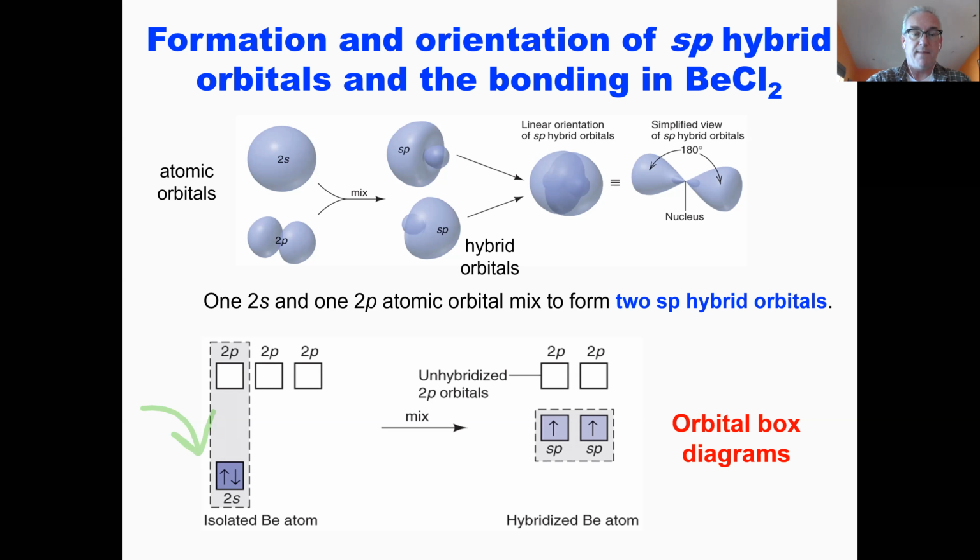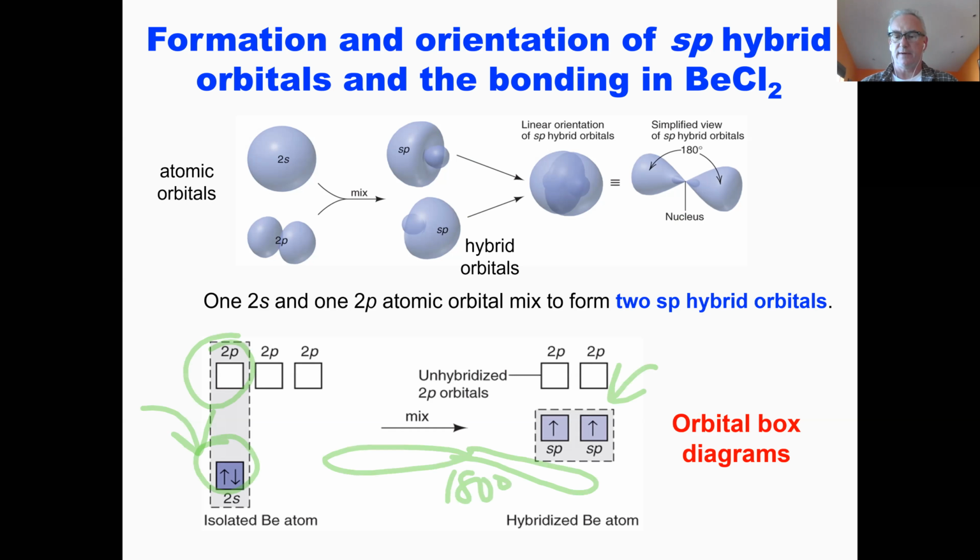So we mix a 2p and that 2s orbital together. We only need two orbitals. Why? Well, there's only two electrons, that's why. And so we put them together and they make two bonds, one in that direction, one in that direction, 180 degrees apart, okay?